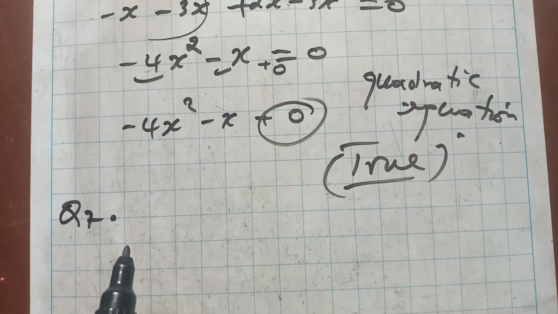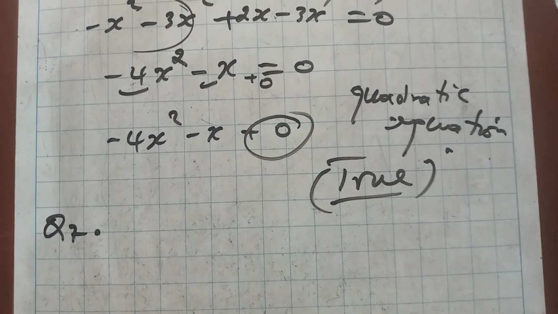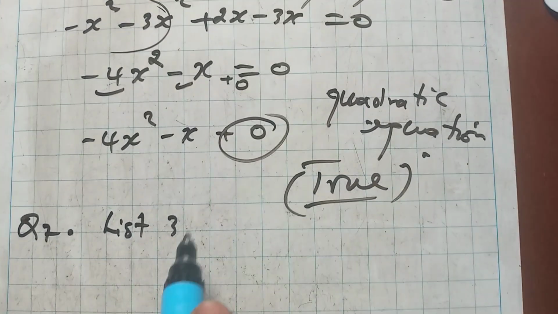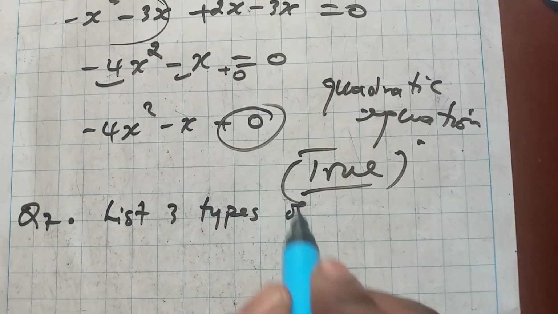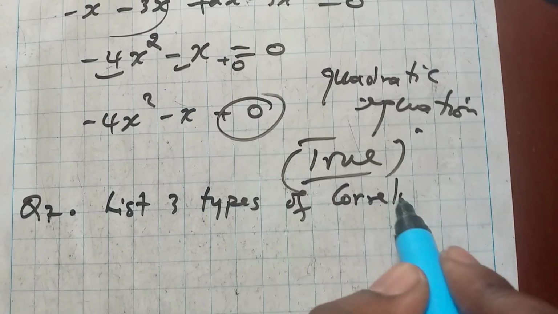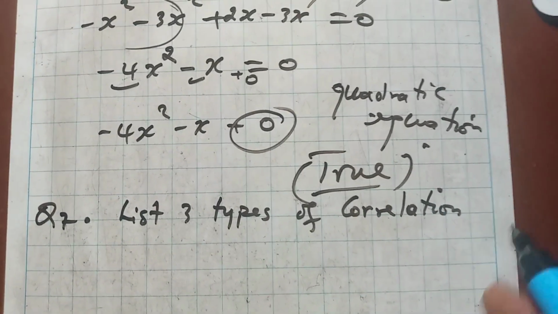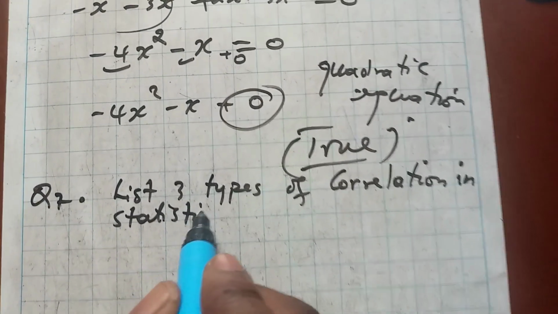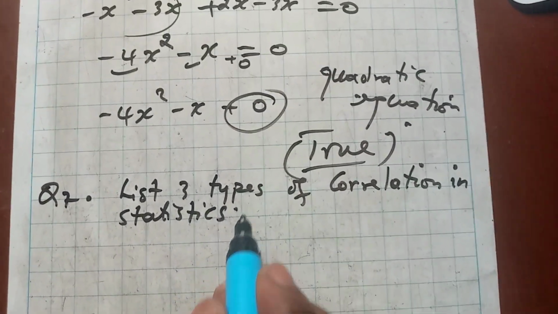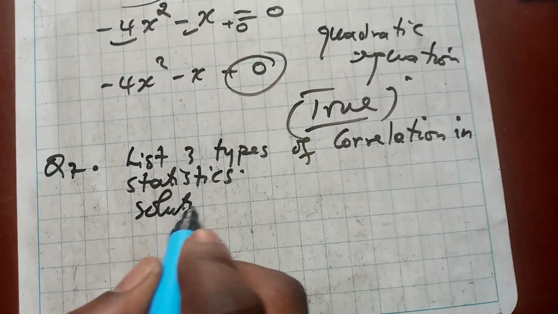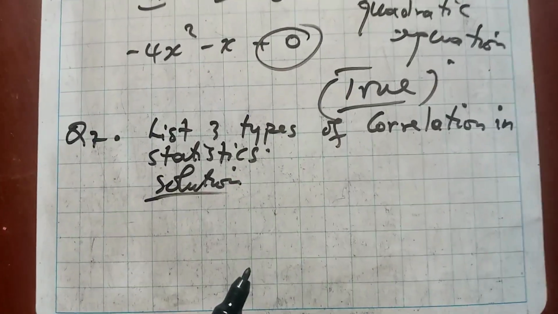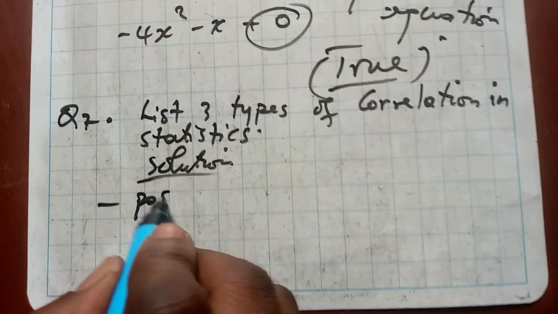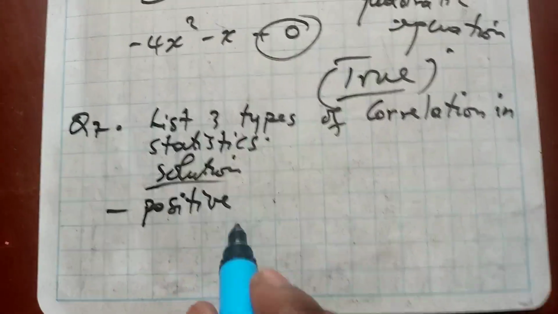Question number 7 was to list 3 types of correlation in statistics. And in statistics you have 3 types of correlation, which are, the first one is the positive correlation.